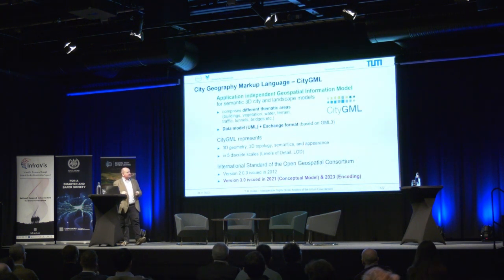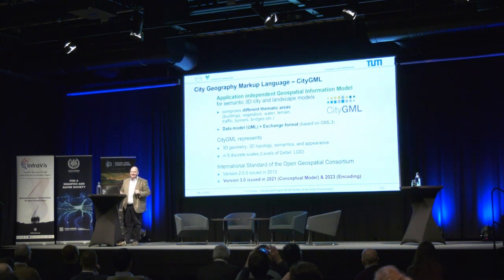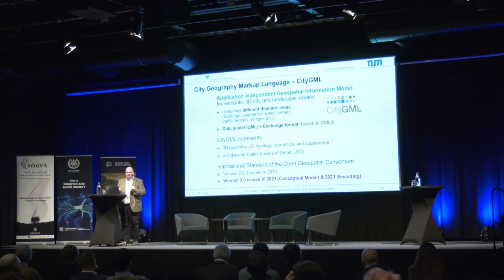So first of all, I mentioned this, it's a standard that is issued by the Open Geospatial Consortium. And what is really, really important, which point I would like to make here, CityGML is not in the first hand an exchange format. It's in the first hand a conceptual model, how to subdivide the city into logical pieces, into components, what are important information attributes, what are relationships, and then in the second stage, CityGML is mapped to an exchange format.